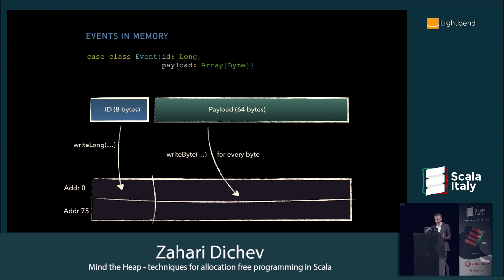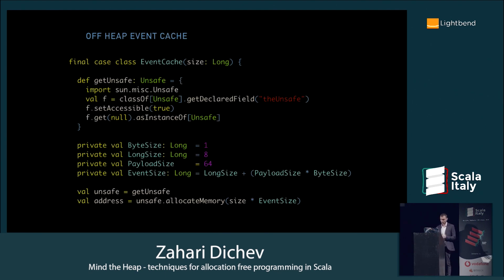So if we have to rewrite our event cache to take advantage of that, how can you do that? Well, you can have something like this, right? It's an event cache of a fixed size. We get the Unsafe, and we have a few variables that help us with the whole sizing.